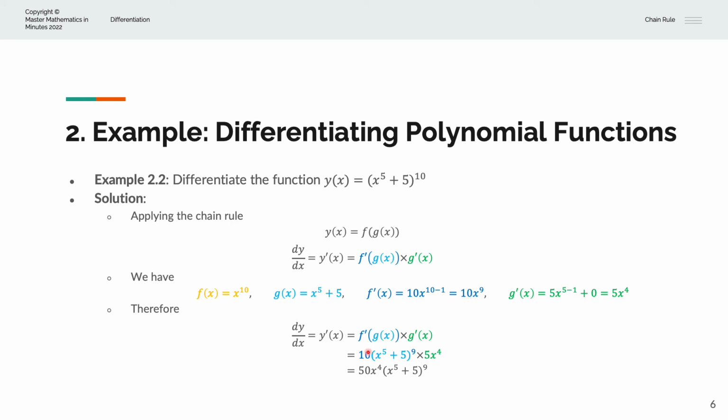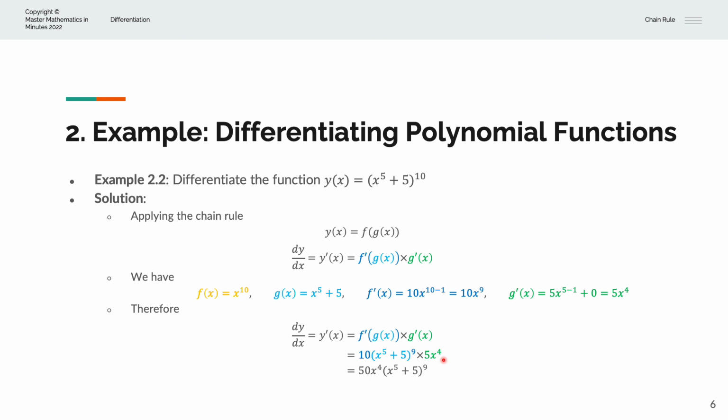So with the 10, copy down here 10, and we have to the power of 9 here. And because this is evaluated at the function g of x, we'll copy the function g of x in here, that is x to the 5 plus 5. And then we have multiplied by g prime of x, that is 5 times x to the power of 4, which is this term here.